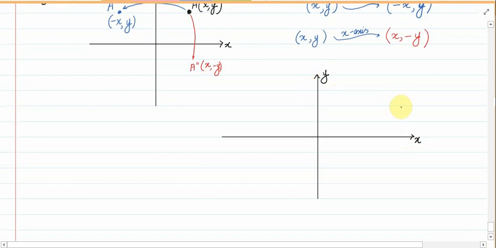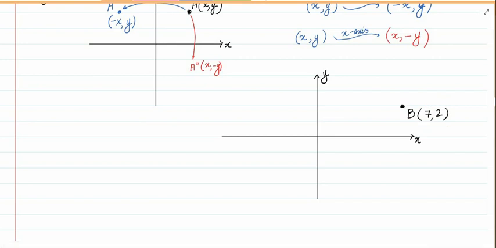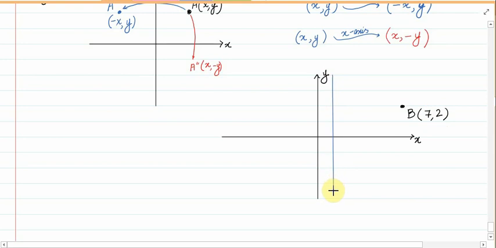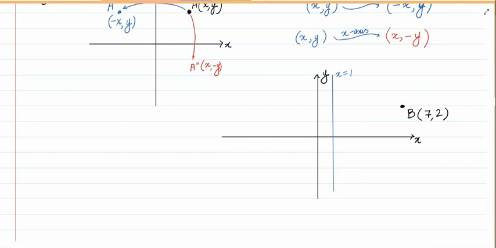I have a point here, let's say this point is B and the coordinates are 7 comma 2. I need to reflect the point across the line x equals 1. That is the reflection line, and I need to reflect the point B across the line x equals 1. That is my question.